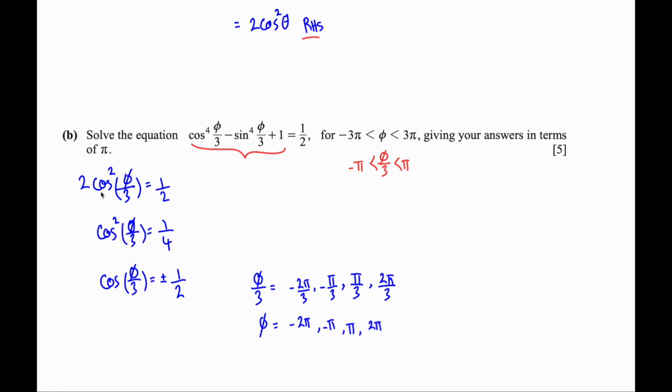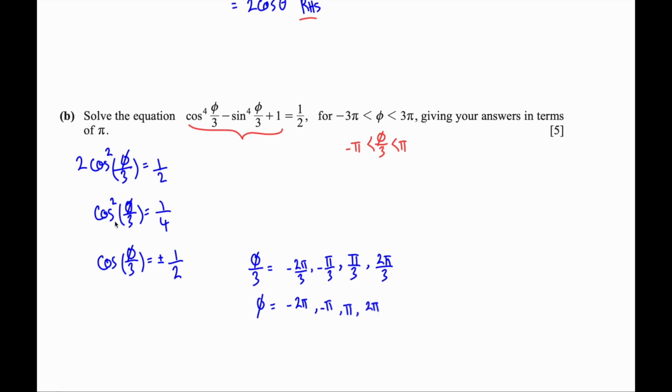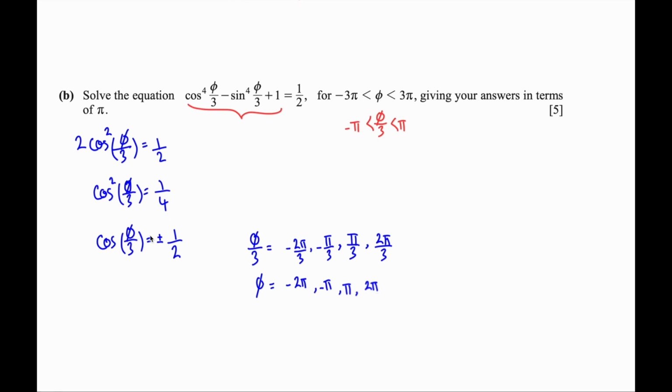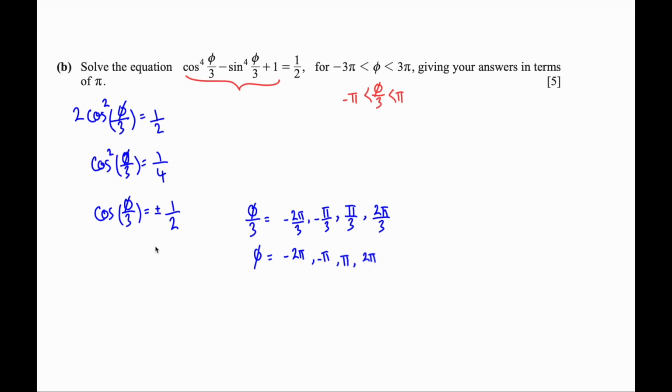Let's get back here. I have to get rid of 2, so divide everything by 2. I get cosine squared phi over 3 is equal to 1 over 4. You take the square root from both sides to get rid of the power 2, and you end up with cosine phi over 3 equals plus or minus 1 over 2.